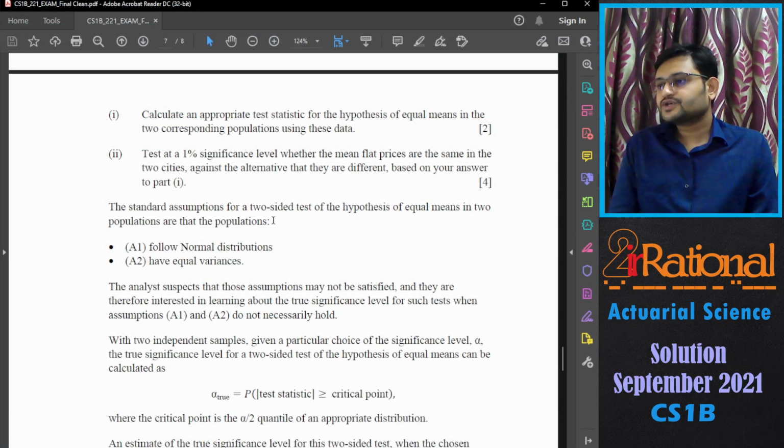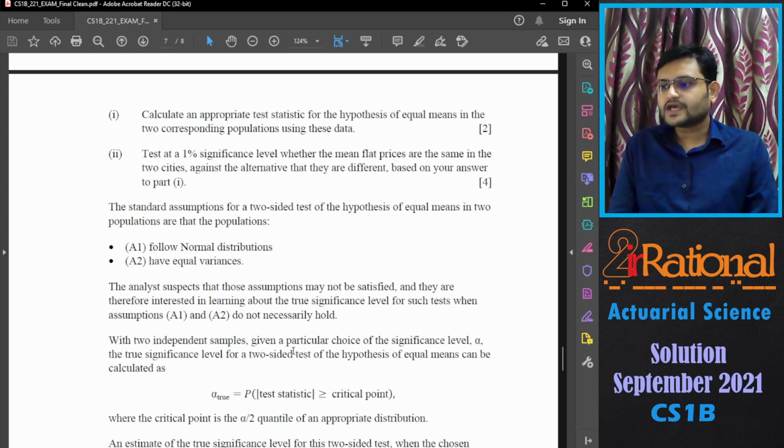The standard assumptions for a 2-sided test of the hypothesis of equal means in 2 populations are that the populations A1 follow normal distributions and A2 have equal variances. The analyst suspects that those assumptions may not be satisfied, and they are therefore interested in learning about the true significance level for such tests when assumptions A1, A2 do not necessarily hold.